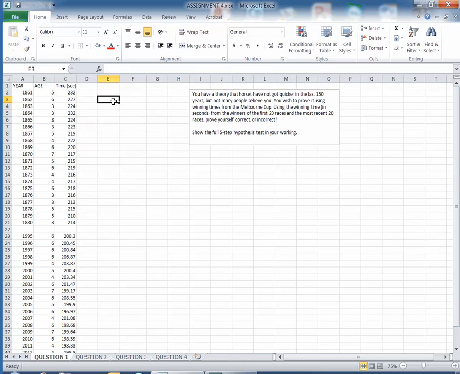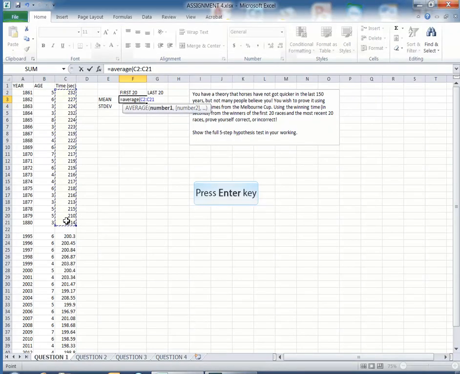So the first thing that I'll do is I'll just neatly come up with the mean and standard deviation for these 2 data sets. First 20, last 20, get the average for each.